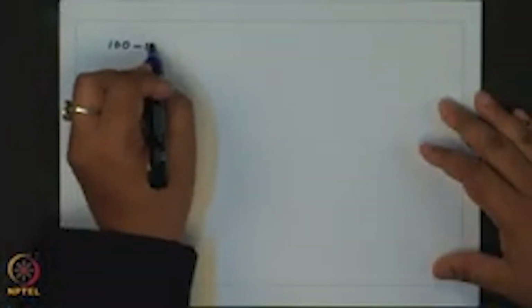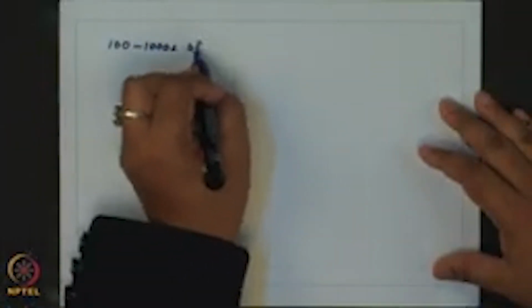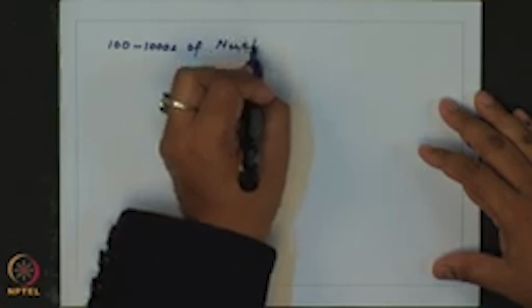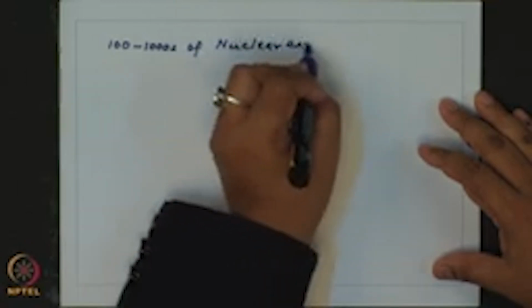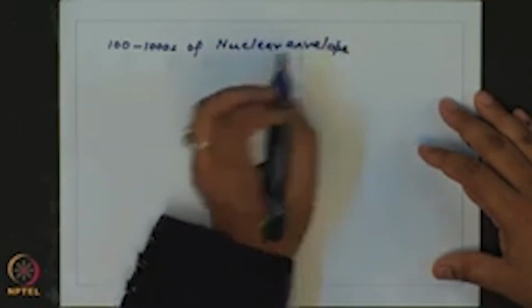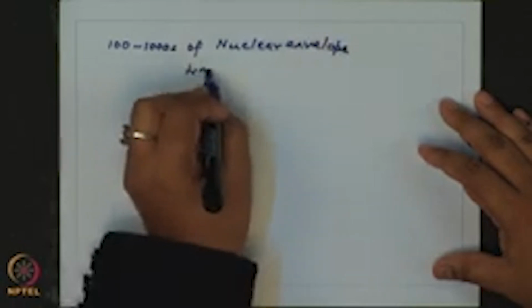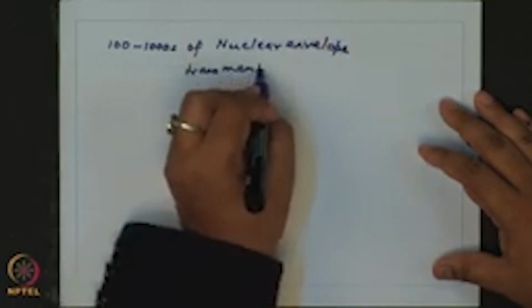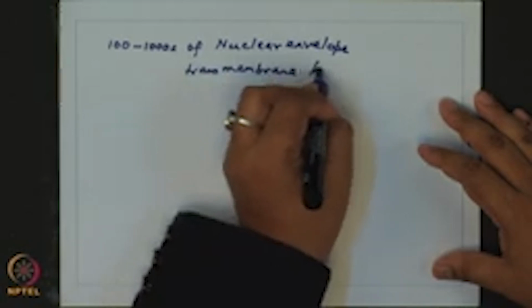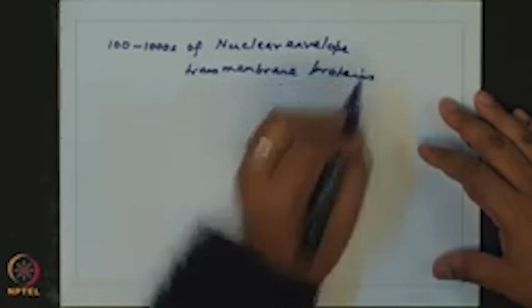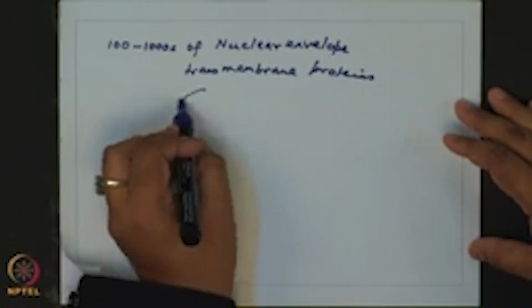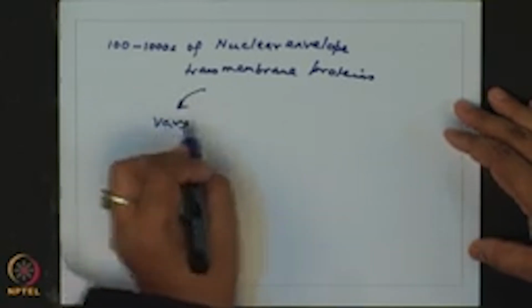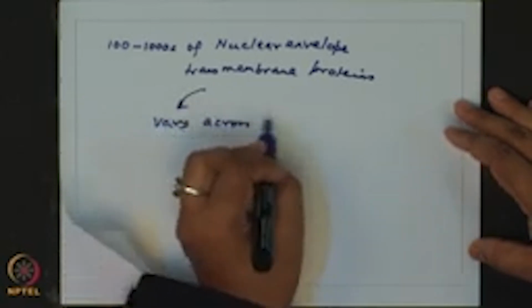So, it is now emerging that there are hundreds to thousands of nuclear envelope transmembrane proteins. Their expression can vary across cell types.